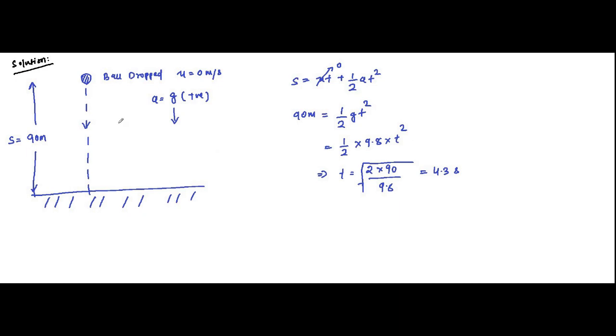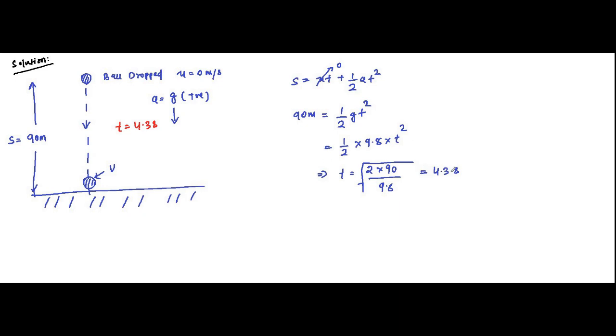So what it means is that the ball takes 4.3 seconds to reach this point, striking the ground. Here at this point we have to find the final velocity. Why? Because we are plotting the speed-time graph or velocity-time graph, that is asked.